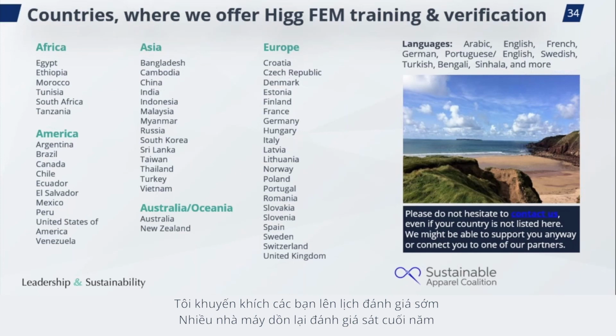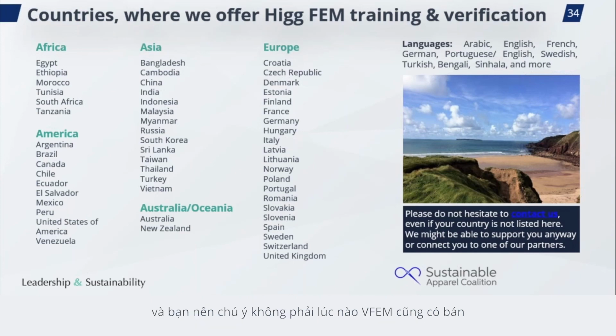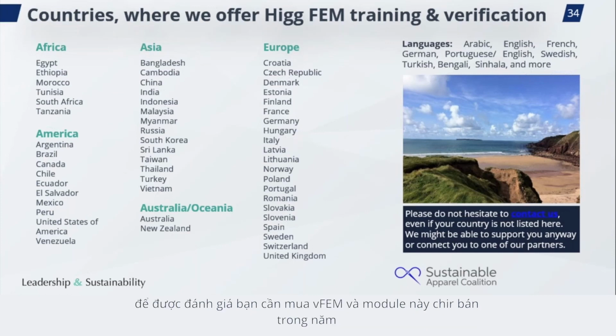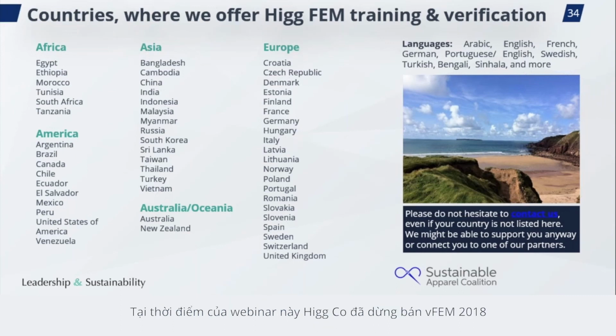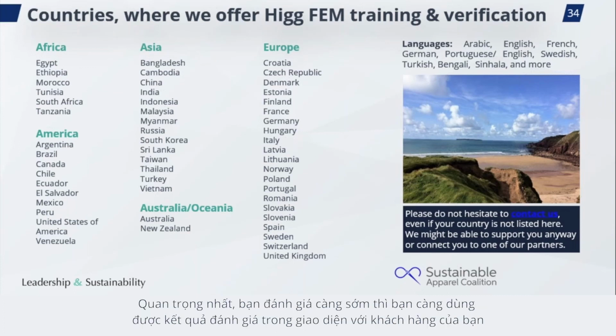And you need to be aware that you cannot always buy the VFEMs that you need in order to do the verification until just the end of the year. For example, the portal to buy VFEMs has already been closed down by Higg Co. So those are also things that you need to take into account. And of course, the earlier you do the verification, the longer you can use those results with your clients and with your buyers.